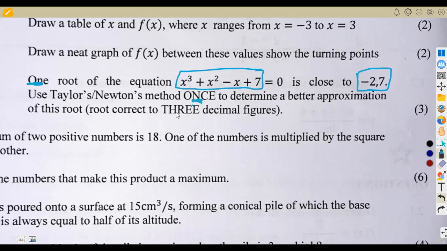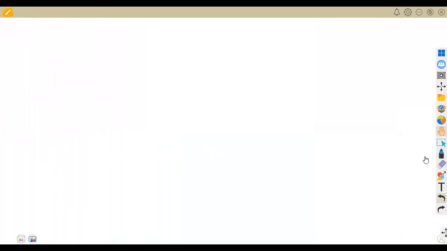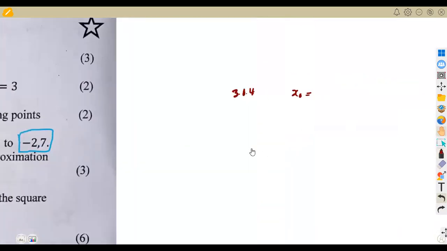Take note, we are applying this method once to determine a better approximation of this root, correct to 3 decimal figures. All right, so we are going to take our f of x, and the first solution, which is our x naught. So x naught in this case is the first value that we are given, negative 2,7.